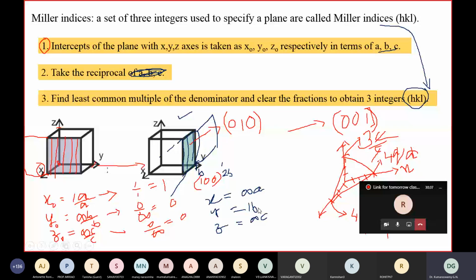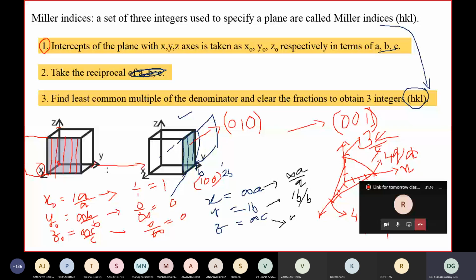When we express this in terms of ABC, we get infinity a by a, 1b by b, and infinity c by c. Then we have to take the reciprocal of these values.